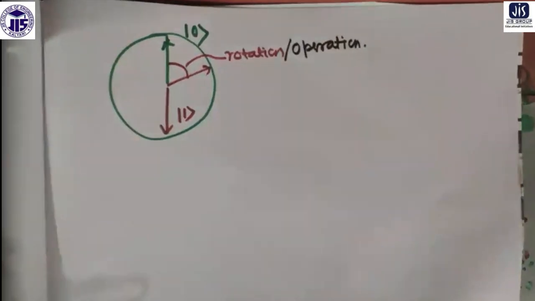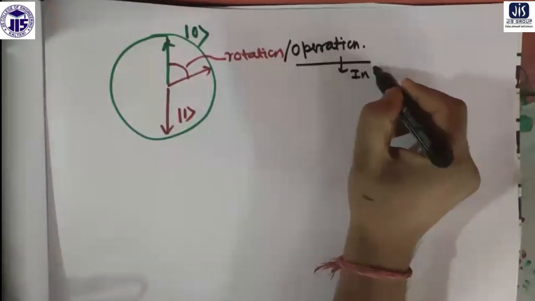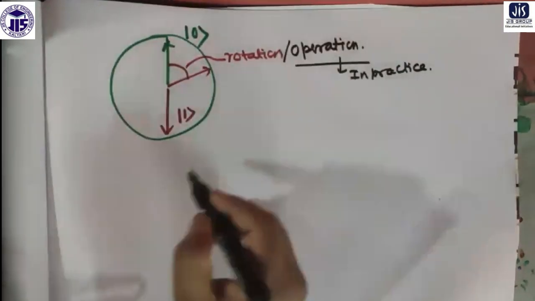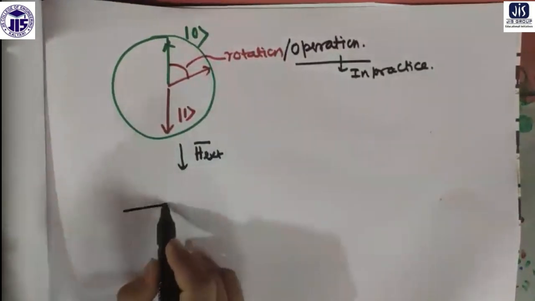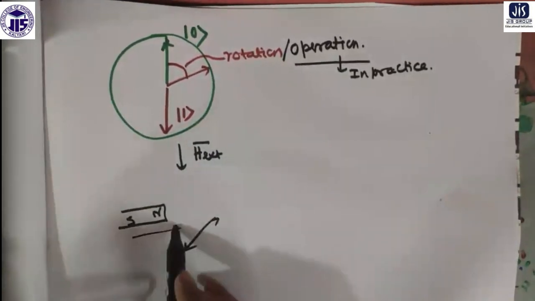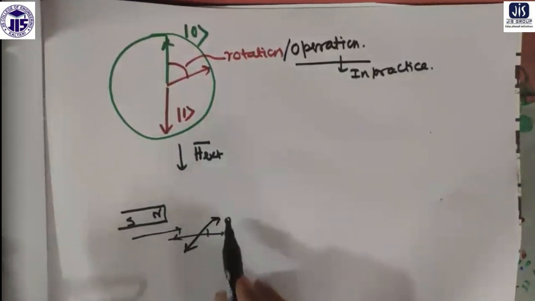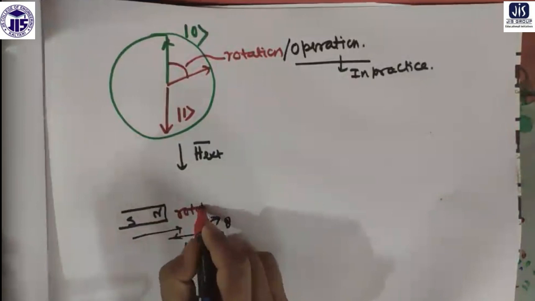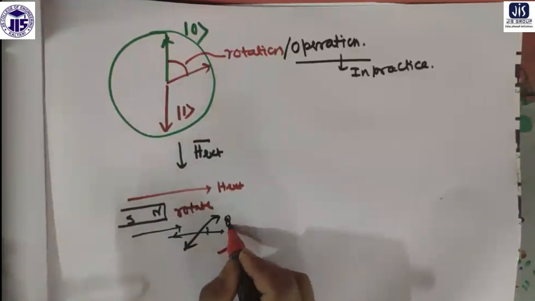Because spin is a magnetic property, in practice there are two ways of looking at it. How can I rotate it? You apply an external magnetic field. Suppose in front of a bar magnet I keep a needle magnet. If you bring it in front, it will be rotated by some angle theta because of the torque of the magnetic moment of the first bar magnet. So the external magnetic field will try to rotate it in favor of the field.